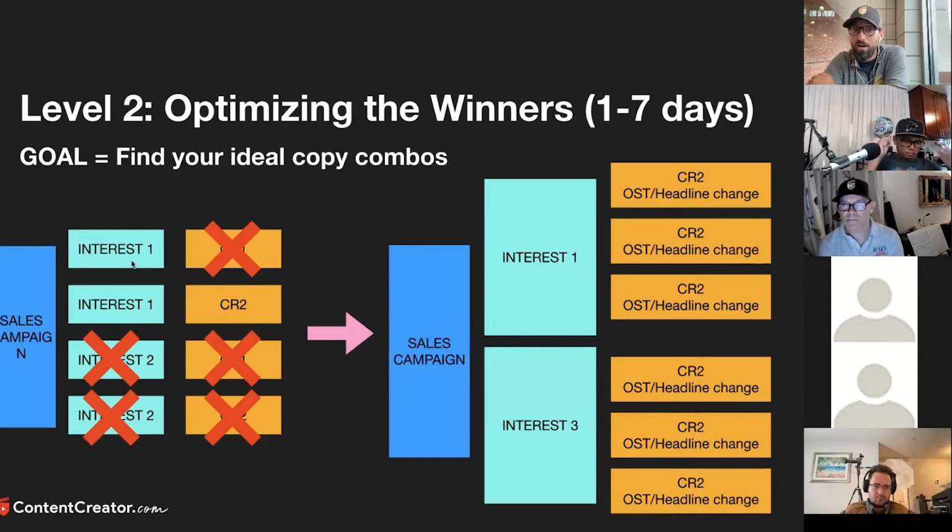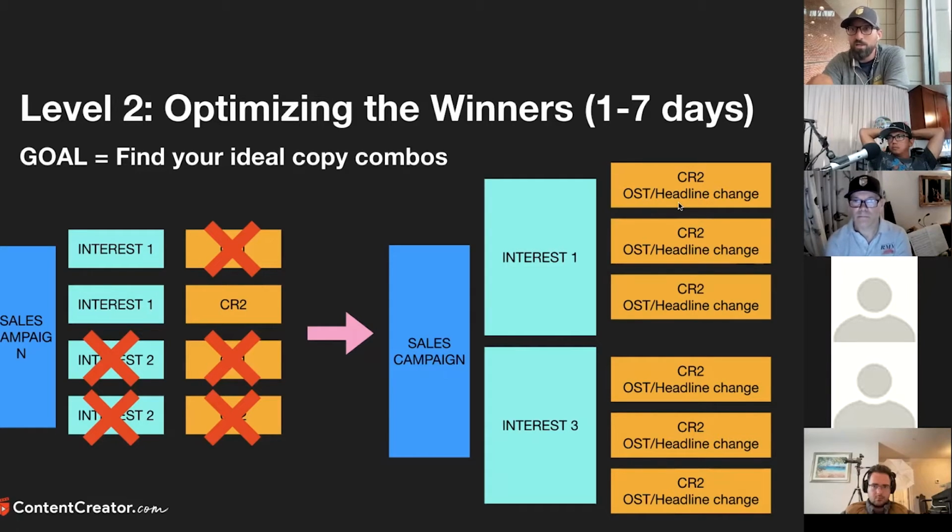You have to go back and create interest 3 and interest 4. And you could test CR1 and CR2 in those 2 interests and see if one of those works, or you could create new creatives and try to test them in interest 1 and interest 2. We need to find something that is working and getting good metrics in the beginning. Then we can go in and optimize that ad from there.